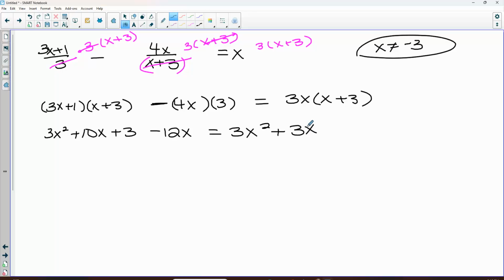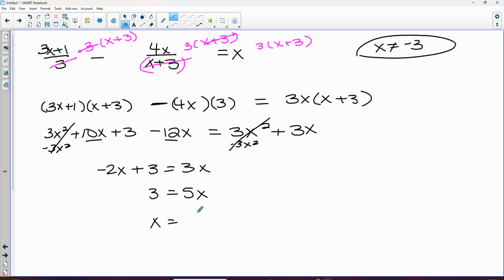We should bring everything over, so we can subtract over this 3x squared. And those cancel. So we have a negative 2x plus 3 equals 3x. If I add my 2x over, I get 3/5. What do I need to do at this point?